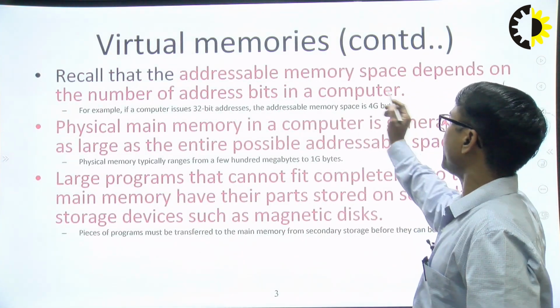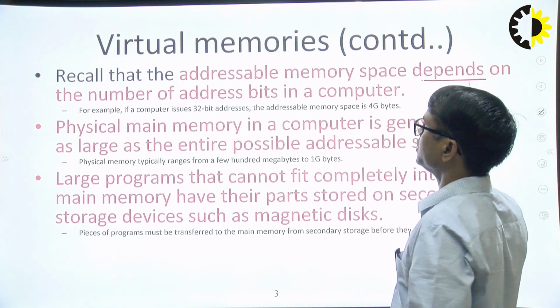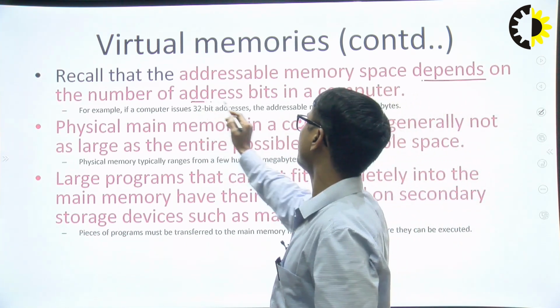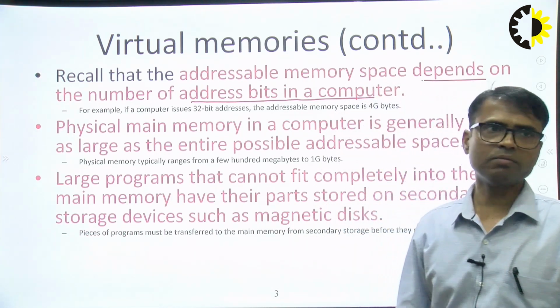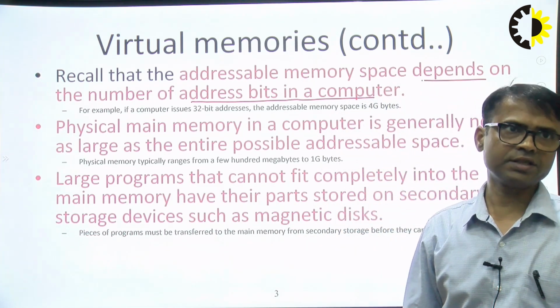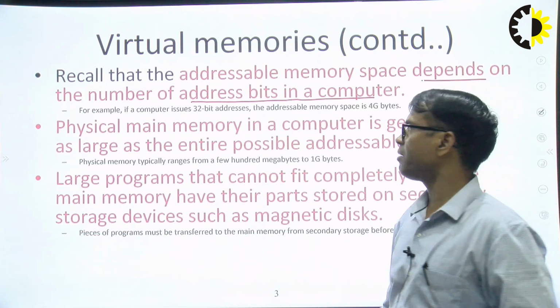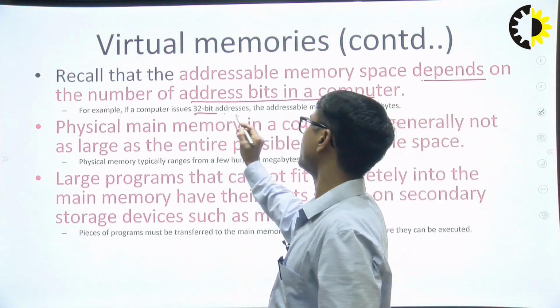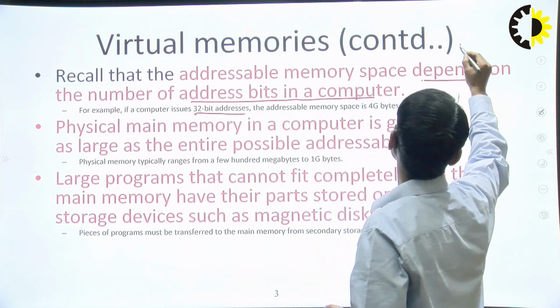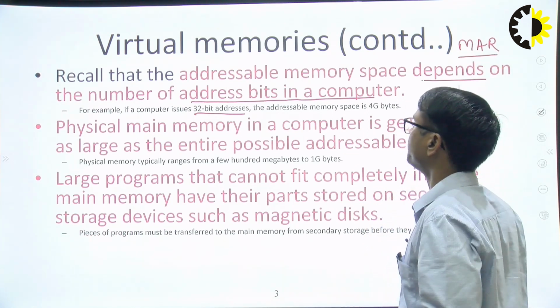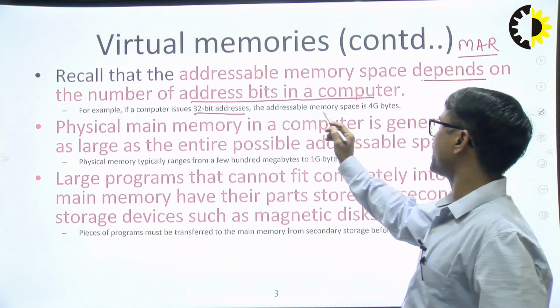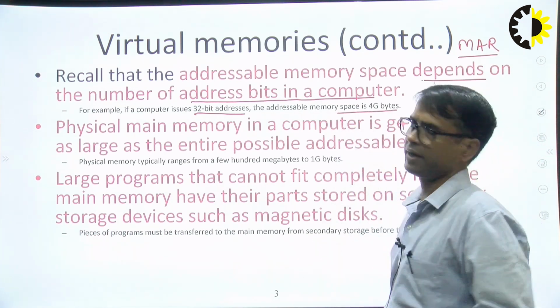Now the addressable memory space depends upon the number of address bits available in the system, and usually it ranges from 8, 16 or 32. For example, if a 32-bit address is available in MAR, so the MAR register has a 32-bit value, then the addressable memory is 4 gigabytes.